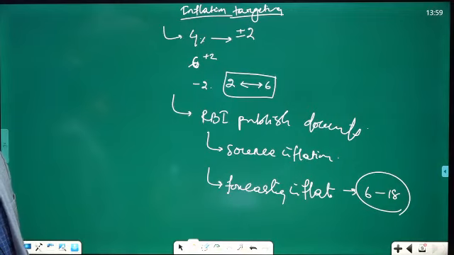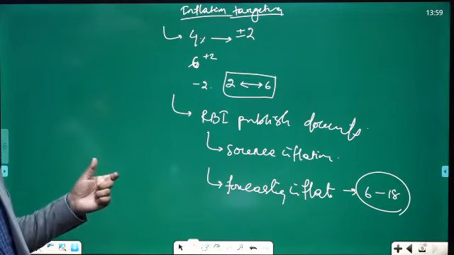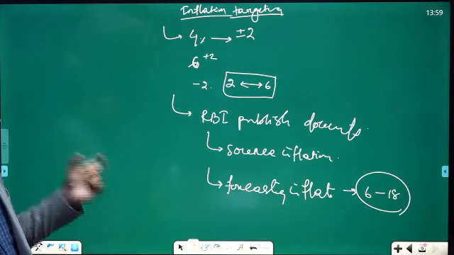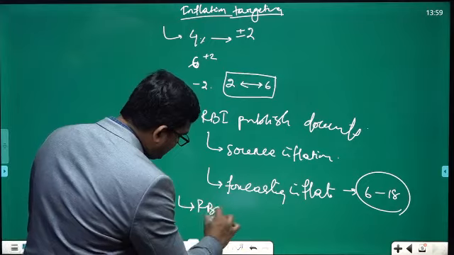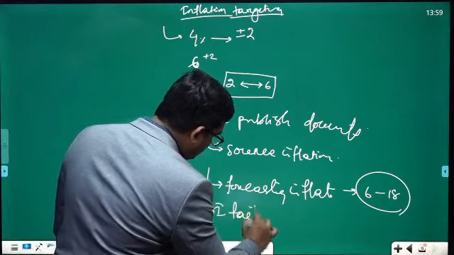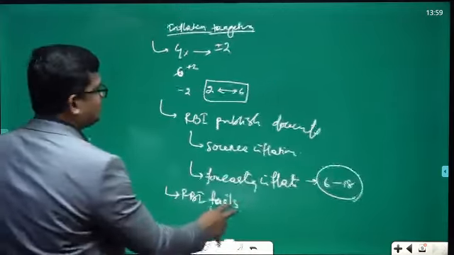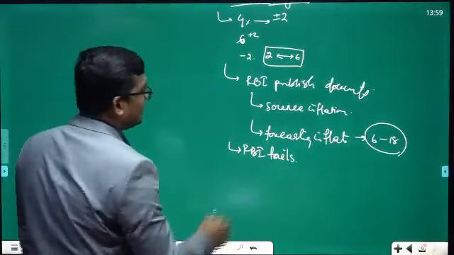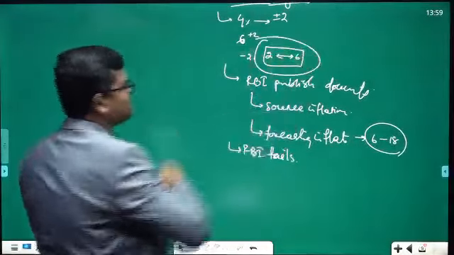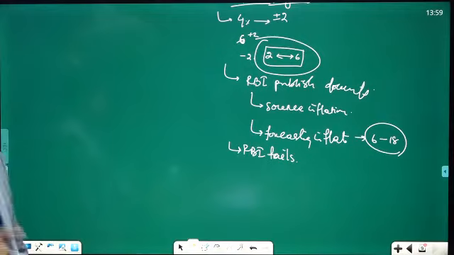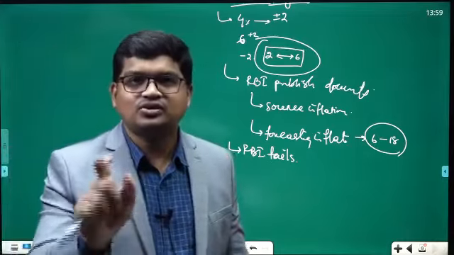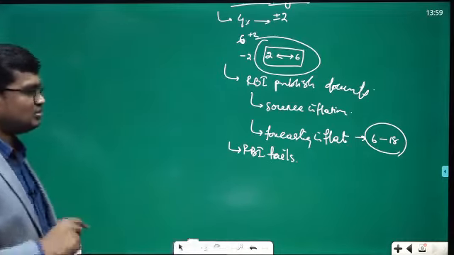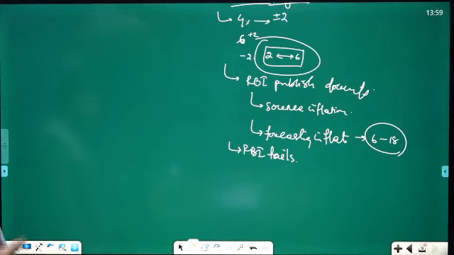And the third one is, if RBI fails to control inflation within the range of 2 to 6%, then RBI would have to give an explanation why it has failed to control the inflation target.